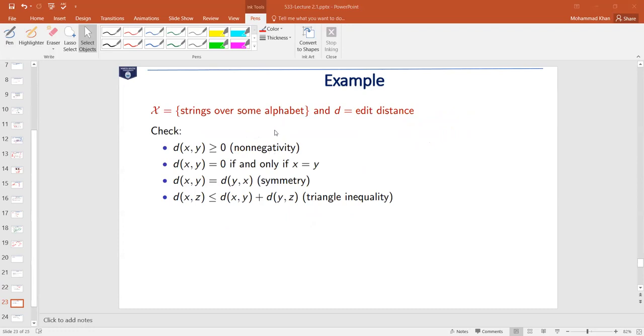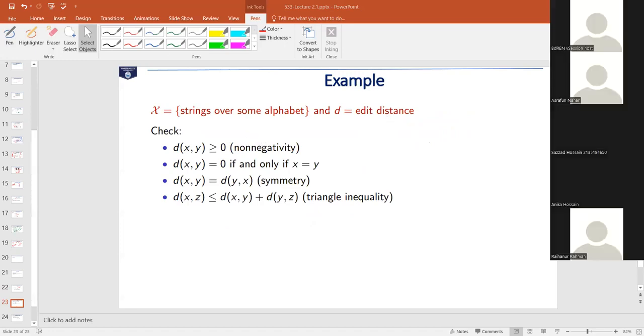We can check this even for other metrics that we may not think of as metrics. For example, the edit distance. You're familiar with the edit distance algorithm for strings.